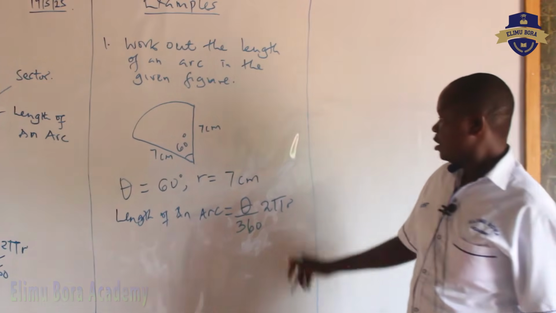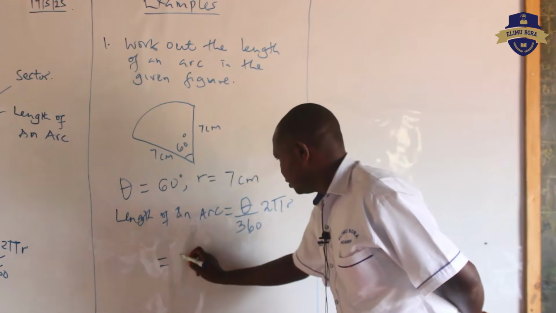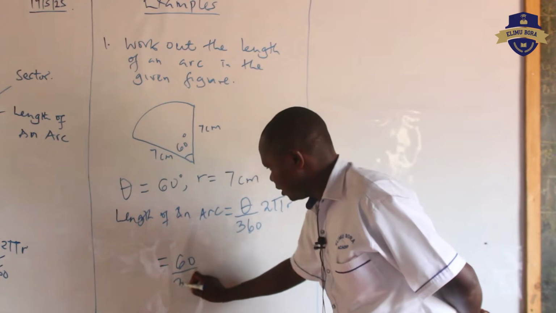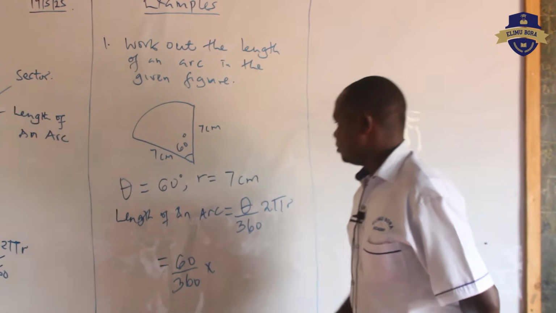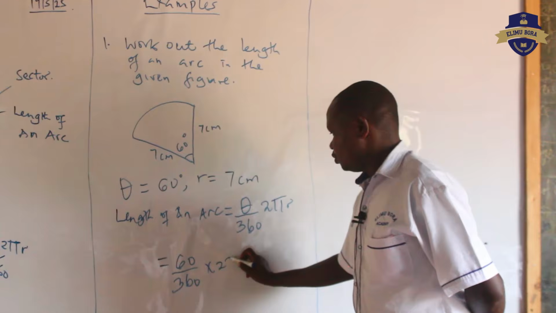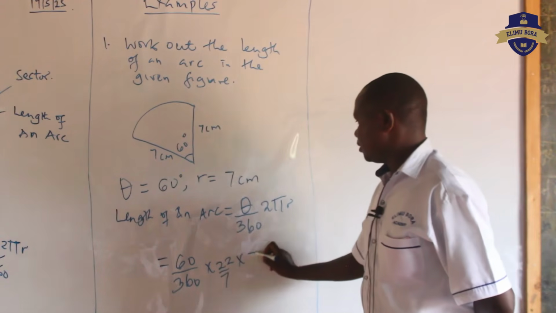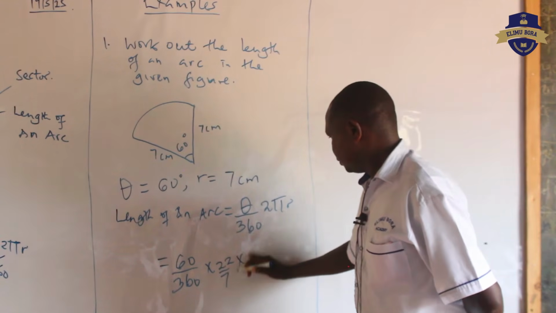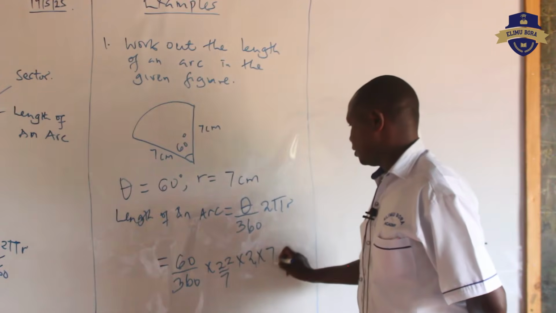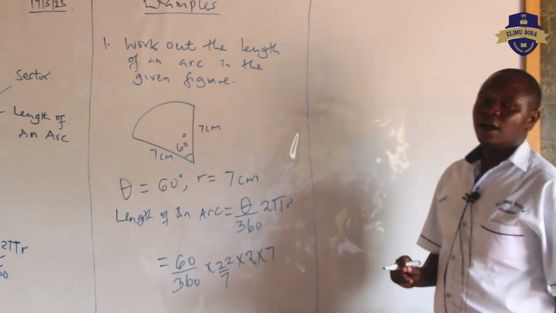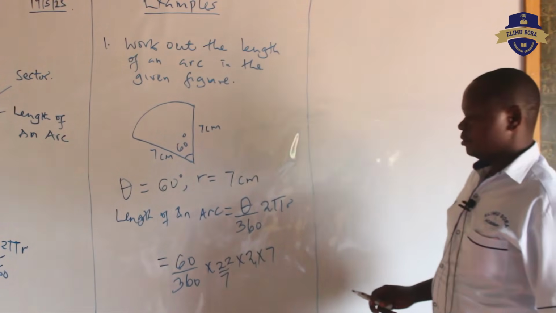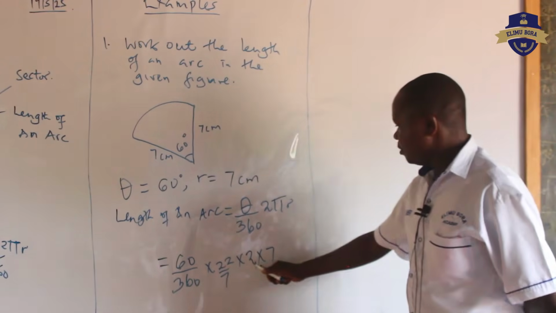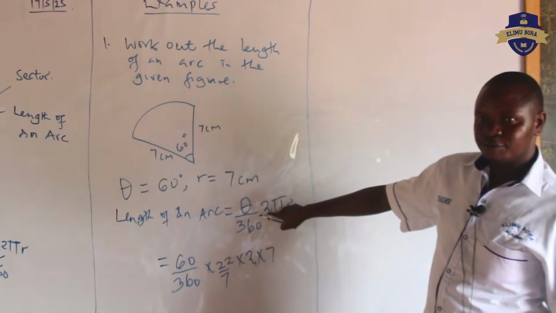So it's going to be 60 over 360 times 22 over 7 times 2 times 7. Maybe someone will ask me, where is 2 coming from? 2 is from the formula.